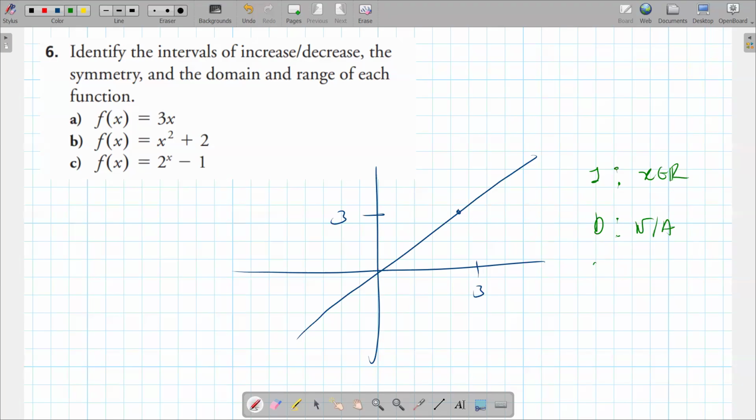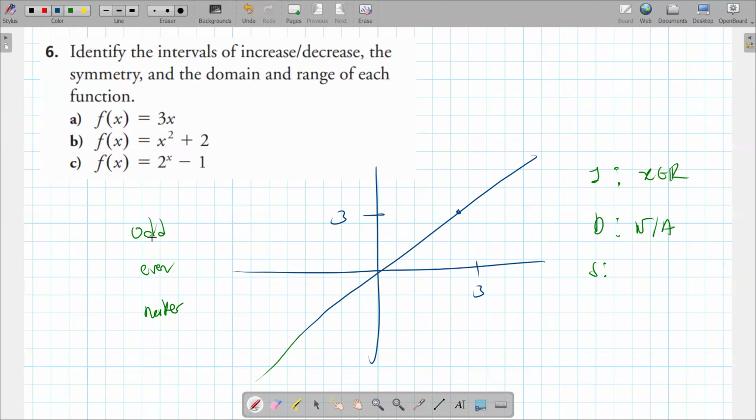The symmetry. Symmetry just means, is it an odd function? Is it an even function? What is y equals x? Is that an odd function, even function, or neither? So there's two types, right? It's either odd or even. Odd, even, neither. You remember these guys?